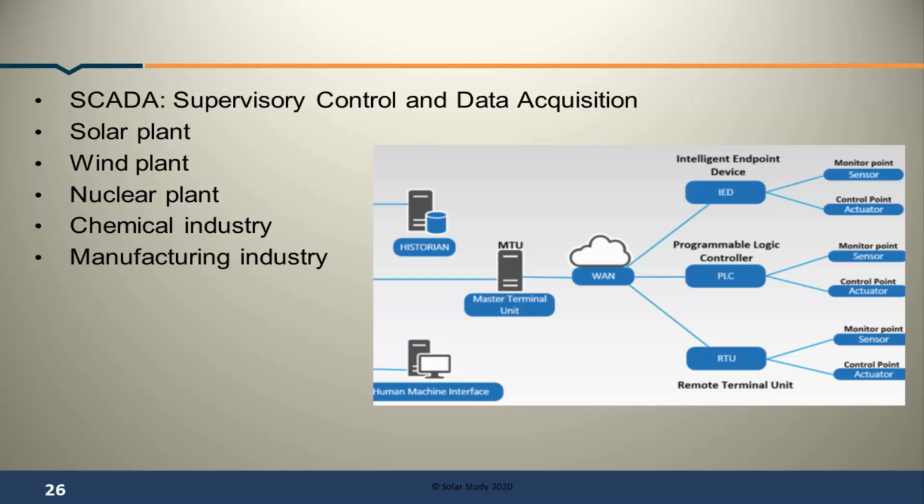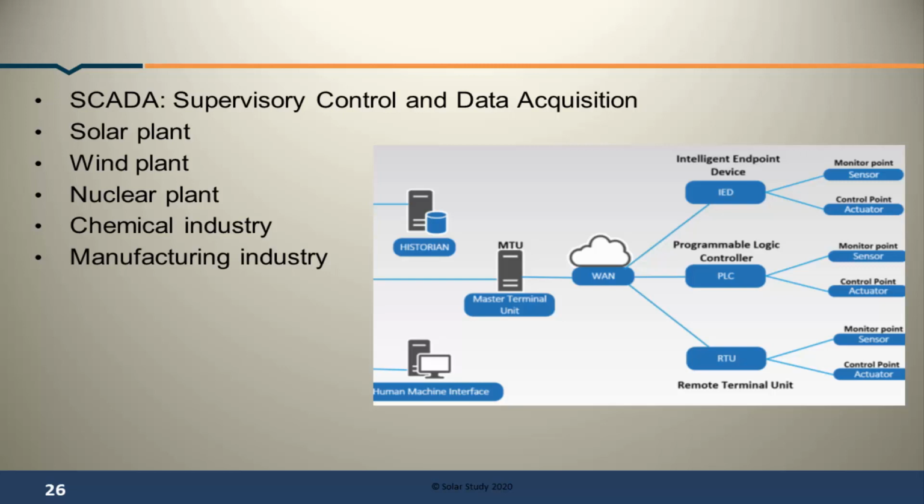Then all the processed data is stored in a particular location, called WAN, wide area network, or you can use a local area network, LAN, and also a server. Basically WAN is one kind of server.